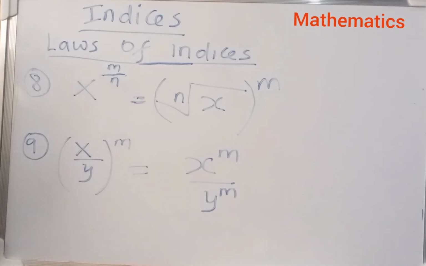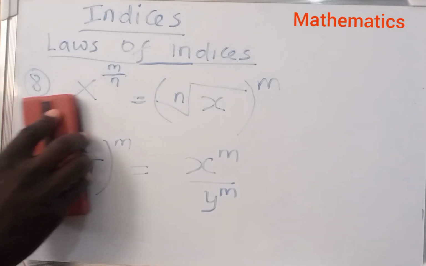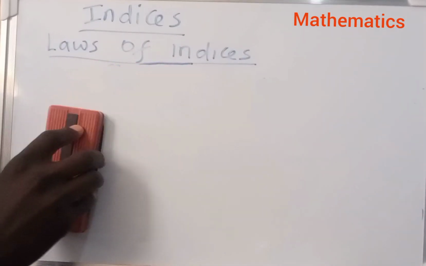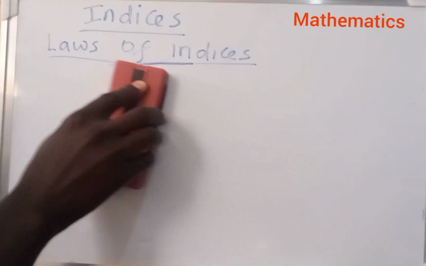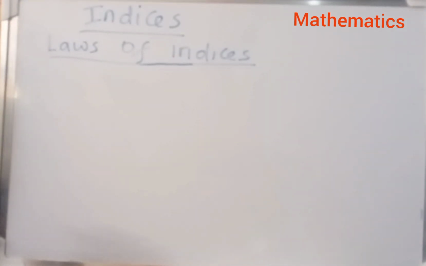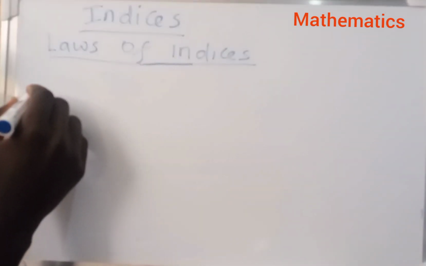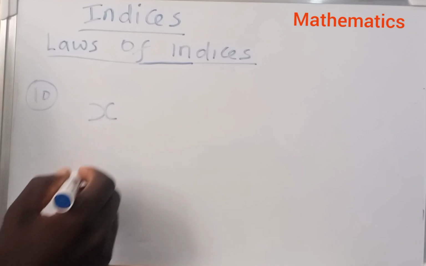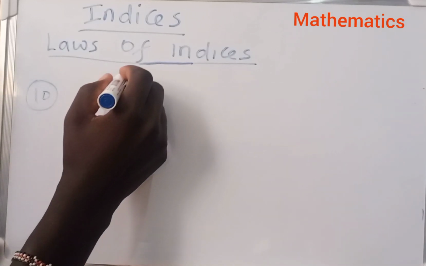Now, the last law of indices, number 10, is x raised to 1 over n.